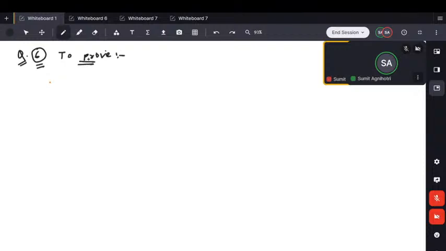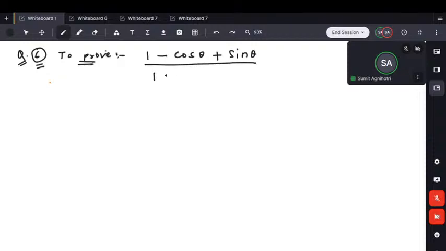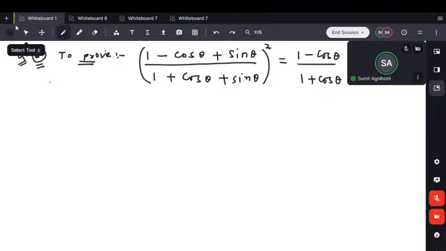Here as well we are supposed to prove this value: 1 minus cos theta plus sin theta over 1 plus cos theta plus sin theta, whole square, equal to 1 minus cos theta over 1 plus cos theta. This is the question.